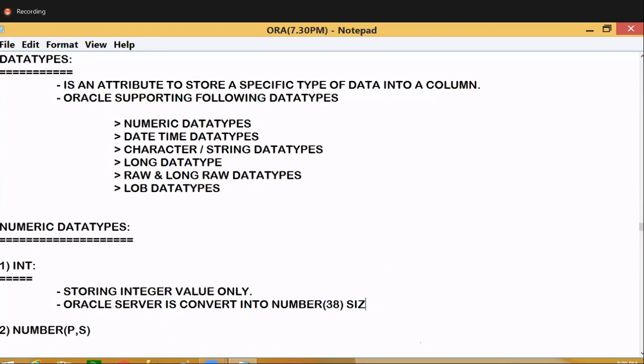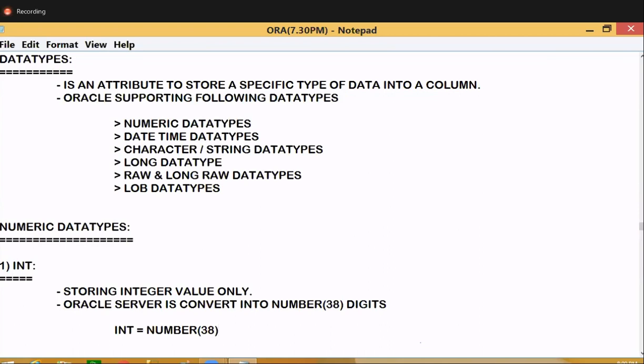So 38 is nothing but digits. Integer is equal to NUMBER(38). It is converted by Oracle internally when we use the integer data type.